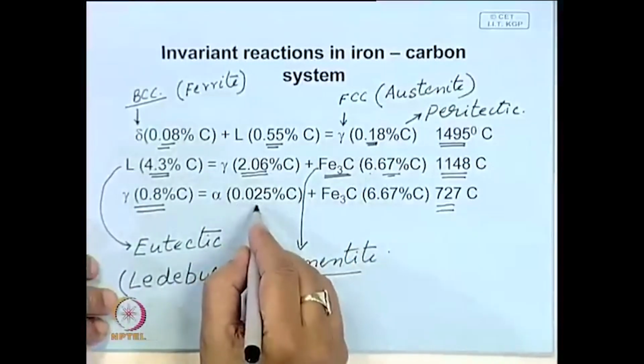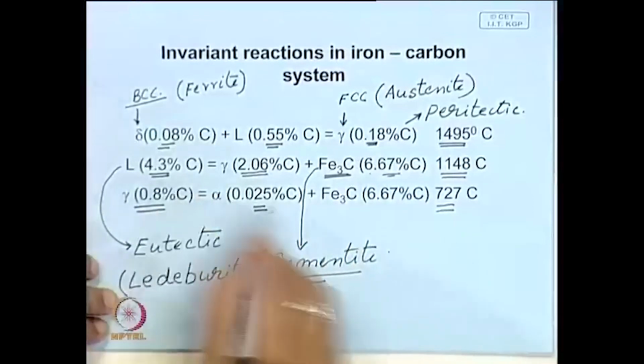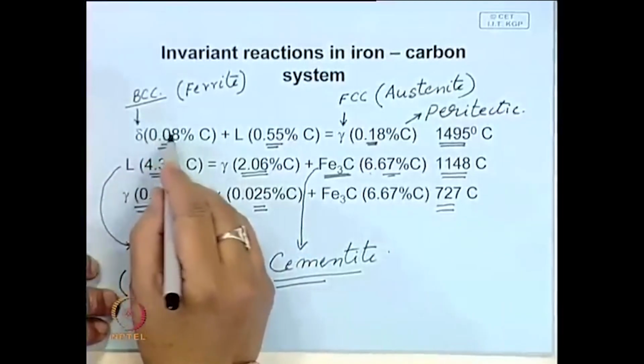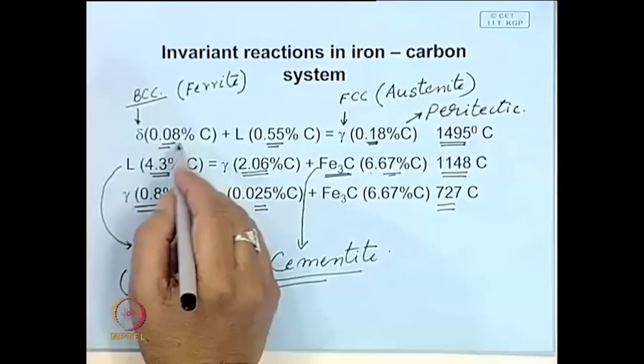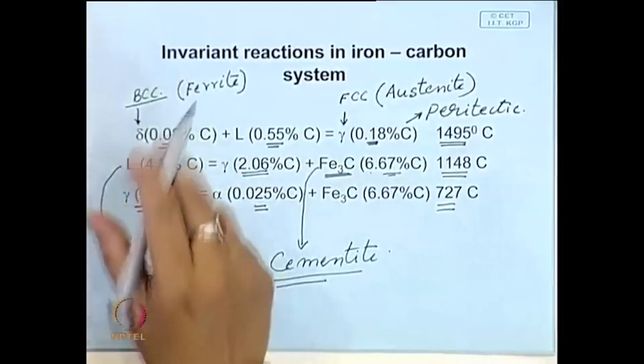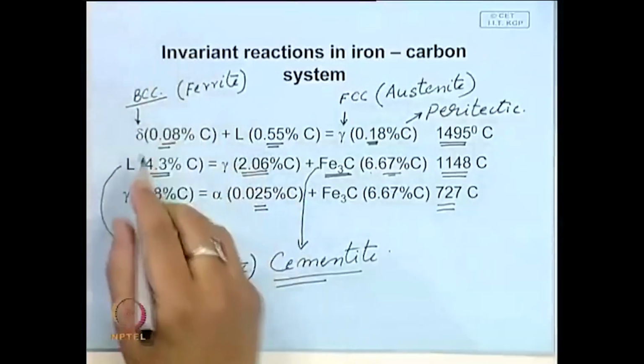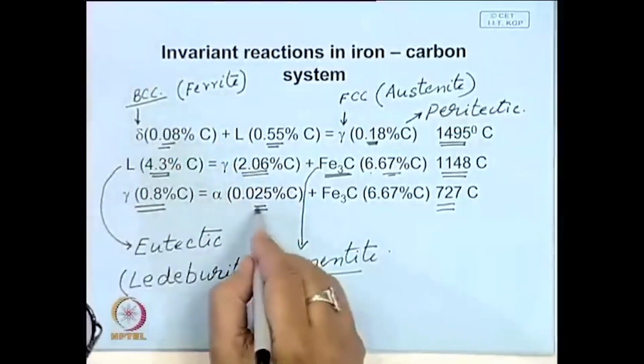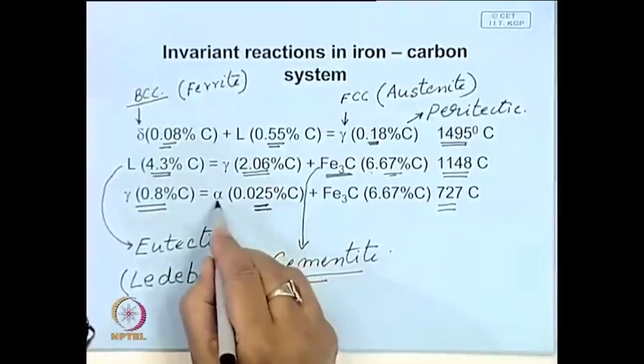Look at this ferrite, this has even lower carbon content than this. So, this is at a high temperature. At a higher temperature, lattice parameter also will be larger, so the interstitial gap also is higher. So, here the solubility is a little less, but look at the solubility here in ferrite.